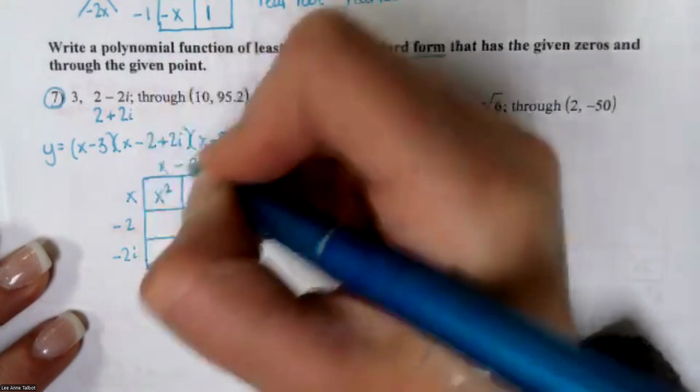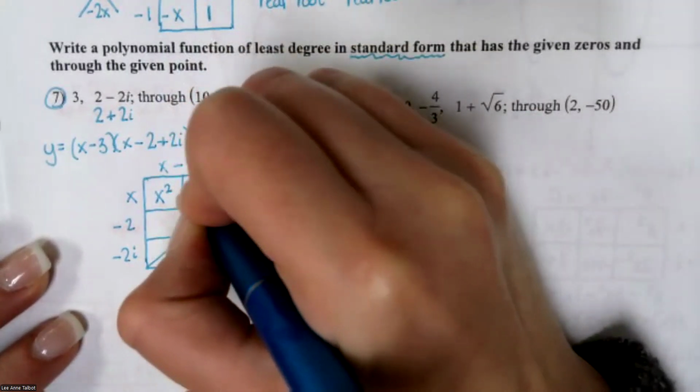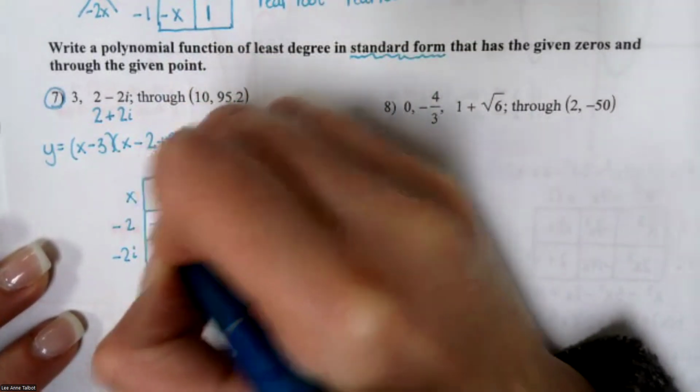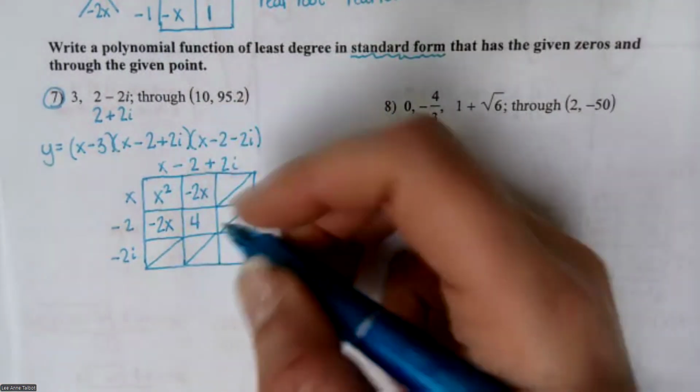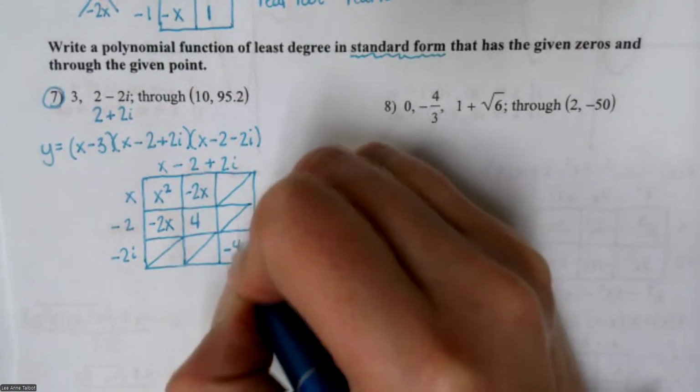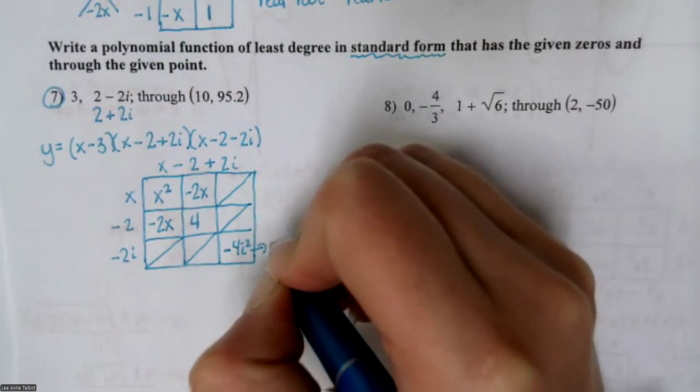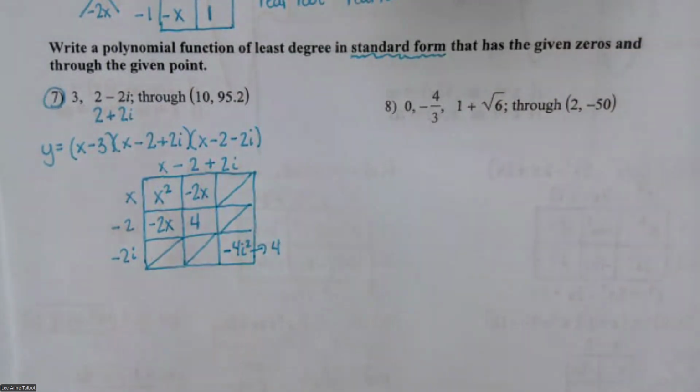Okay, so that's x squared, negative 2x, negative 2x, 4. Okay, and what would this be? So this would be negative 4i squared, which is positive 4.